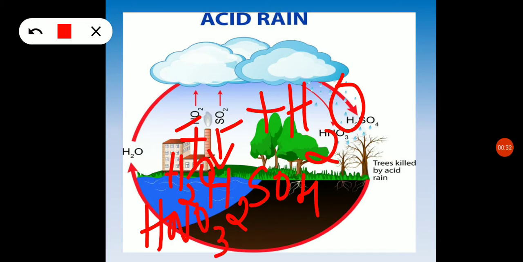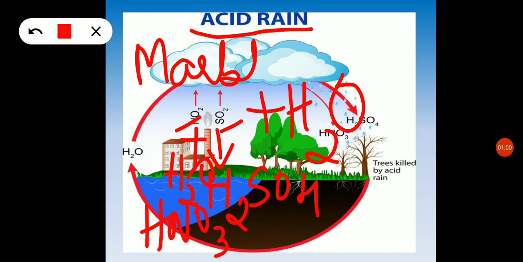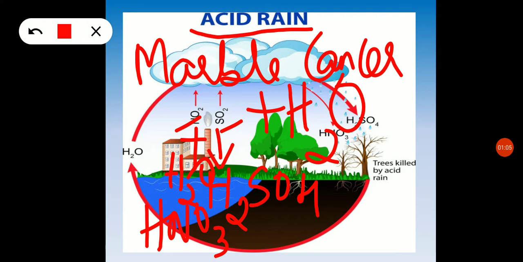This acid mixes with the rainwater and falls as acid rain. This acid rain corrodes the marble of the monument. This phenomenon is known as marble cancer.